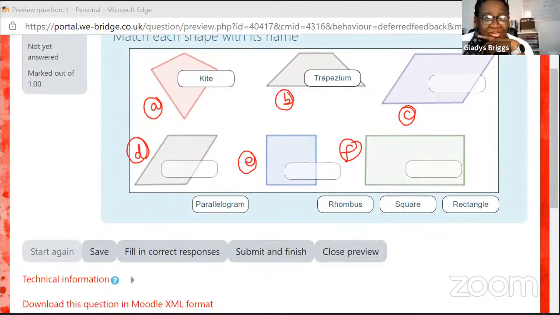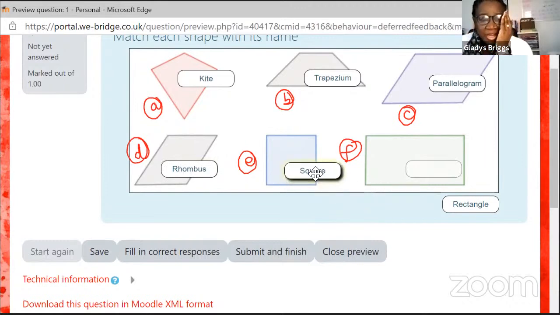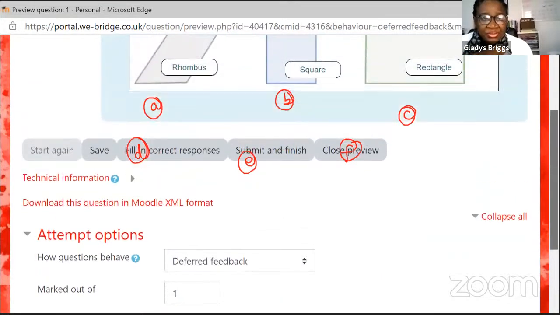People are not sure about C, so nobody's answering about C. Somebody says it's a parallelogram. Should we try that? And this one is a rhombus then. And of course, this is a square and this is a rectangle. So this is a giveaway question. All of you should be able to answer it.